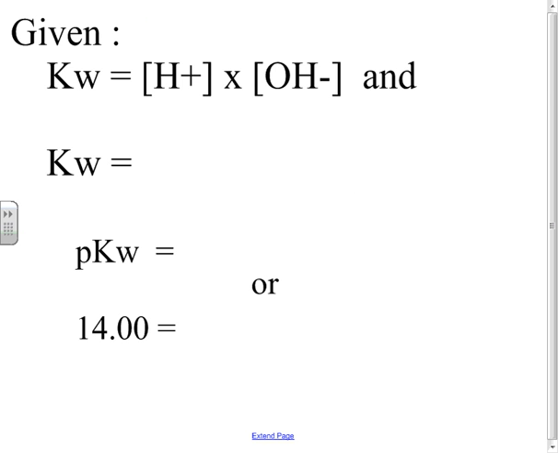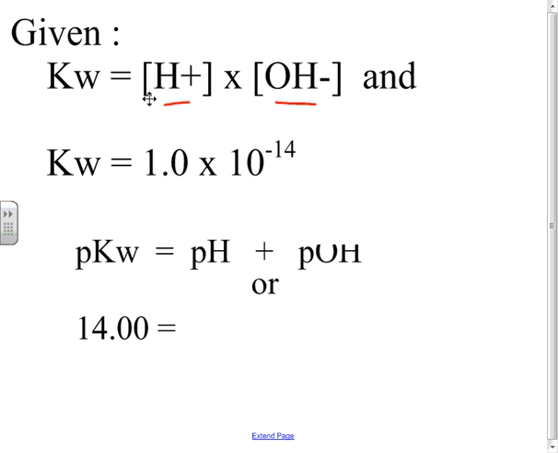Given that Kw is the product of the hydrogen times the hydroxyl, and Kw always has a value of 1 times 10 to the minus 14th, at least at 25 degrees Celsius, the negative log of the hydrogen ion is pH. Negative log of the hydroxyl is the pOH. And so if I take the negative log of this side, I must take the negative log of this side, which yields this equation: pKw, the negative log of Kw, equals the negative log of the hydrogen plus the negative log of the hydroxyl.